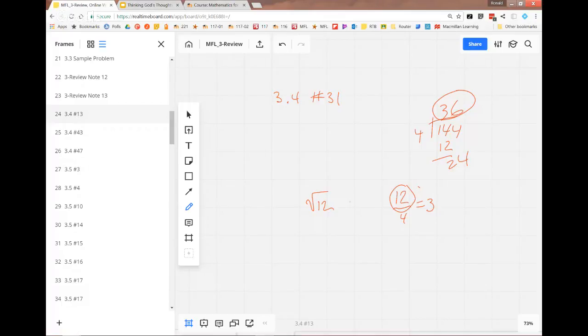If this, then that. Now switch the if and the then, and then you got a converse. And when there's a key word like sufficient in number 35, that tells you which thing is which. Okay.